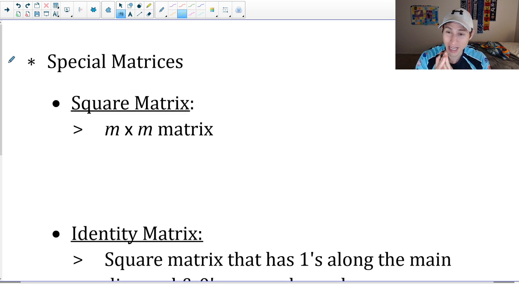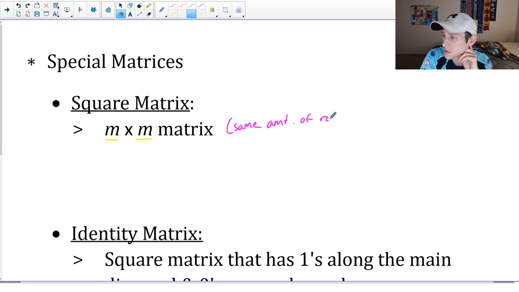A couple special types of matrices that we'll talk about and that we'll use. So first off is called a square matrix, which means it's M by M. So there's the same amount of rows and columns.